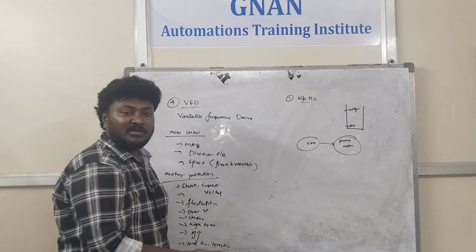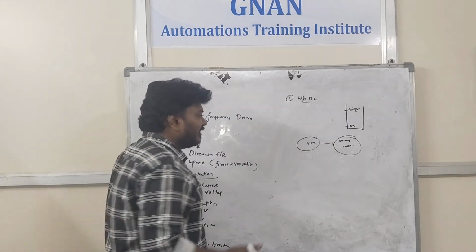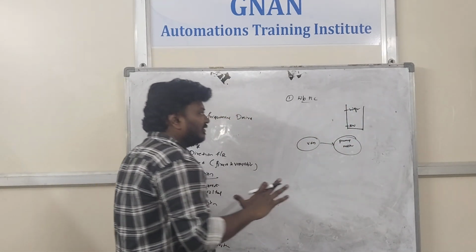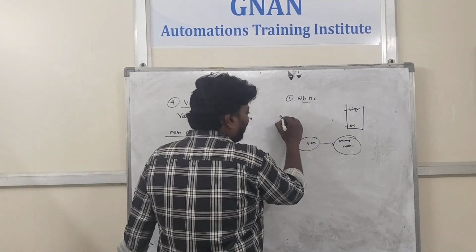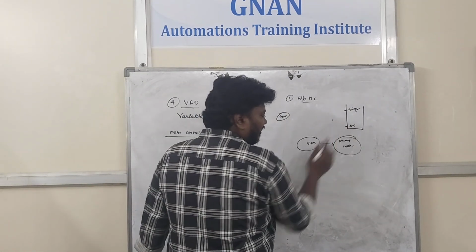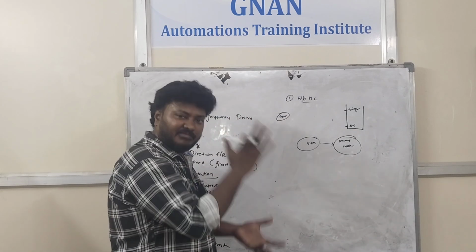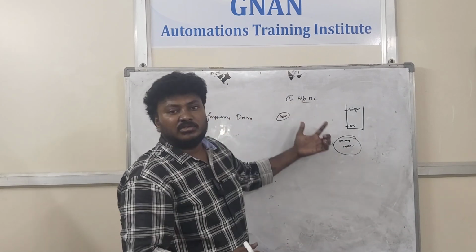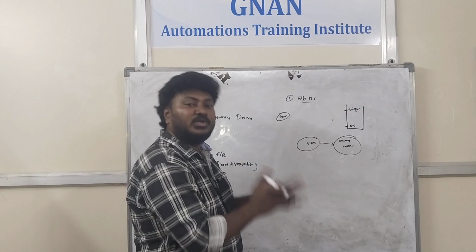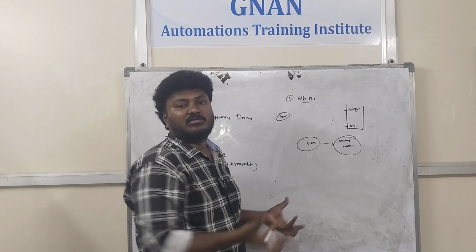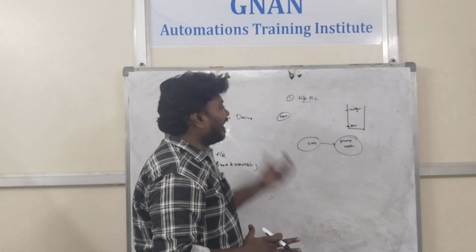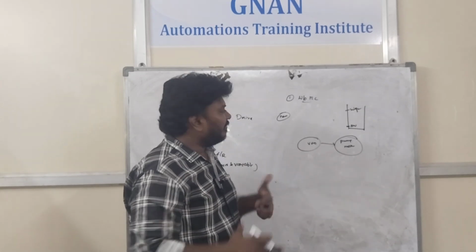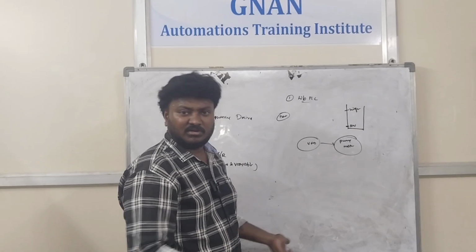When it reaches high level, the pump should switch off. This low level, high level signals, the VFD doesn't know anything about. Let's say if we have manpower, when it is low level, you should check it and run the VFD. If it has reached high level, you need to switch it off. That means manual control. Automatic is not available here. Only manual controlling is available. Without PLC also you can run the VFDs and motor controlling.